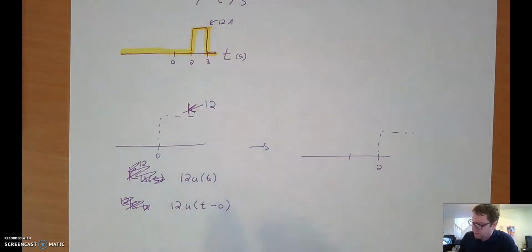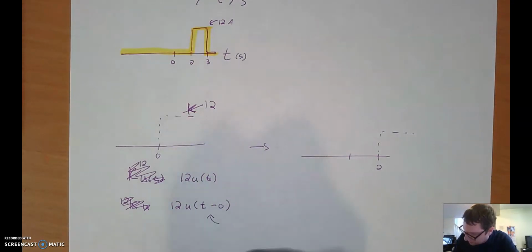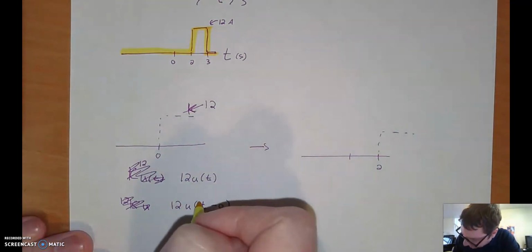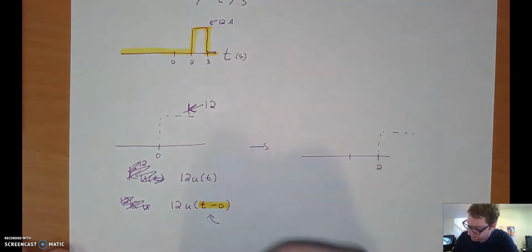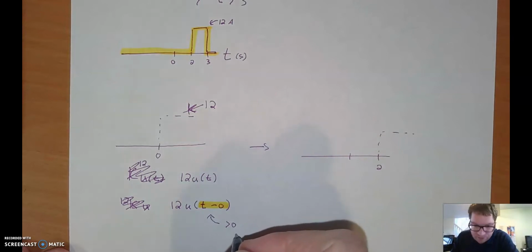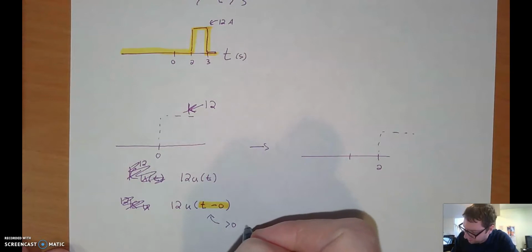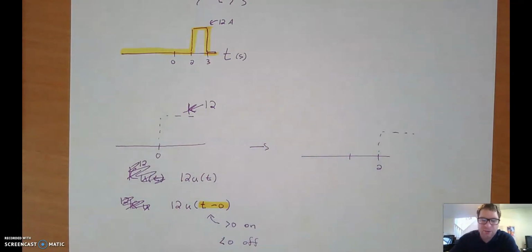So the pattern, if you haven't picked up on it, is whenever the inside of the parentheses is greater than 0, and for practical purposes greater than or equal to, it is on. Whenever it is less than 0, it is off. So when we're at 0, then it's just whatever the number is.